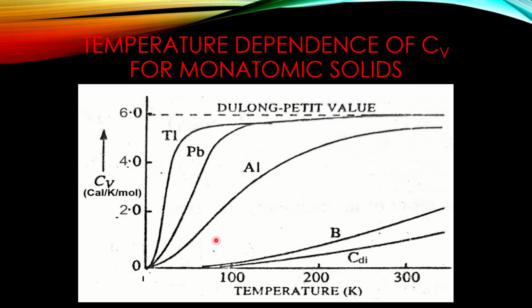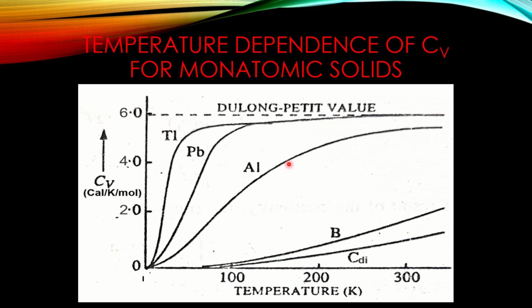Now let us see the experimental results. In the case of thallium, up to 50 Kelvin this value is almost equal to 5.9 calorie. In the case of lead, this value is good near about 120 to 130 Kelvin. In the case of aluminium, near room temperature, 300 Kelvin, the law holds good.